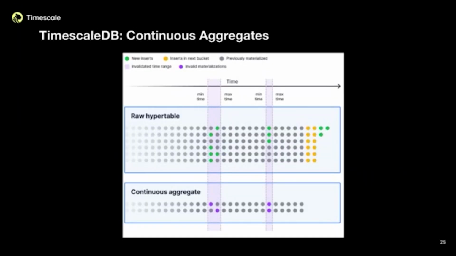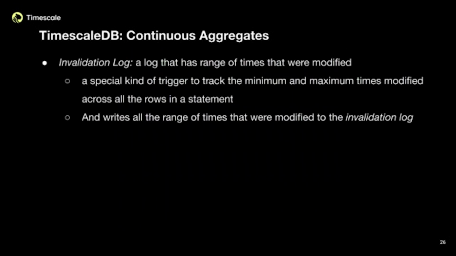We handle this. This is an example. I change data in the past, and I should also update the continuous aggregate, this range, this window frame, in the past of the continuous aggregate. In order to do this, we have a concept named invalidation log.